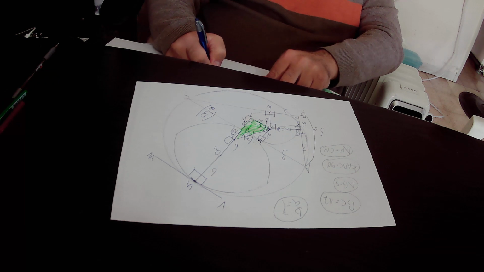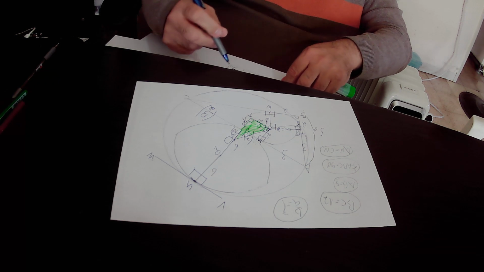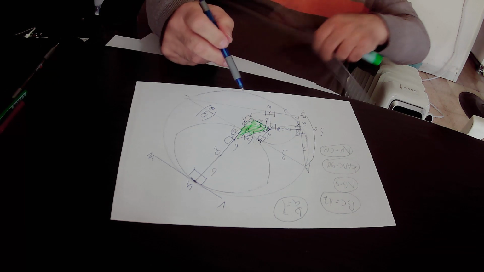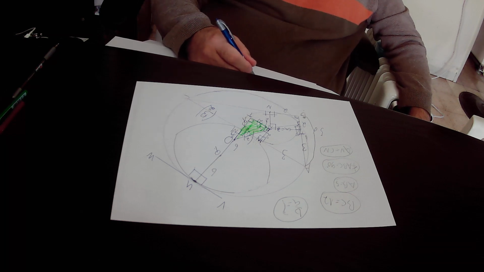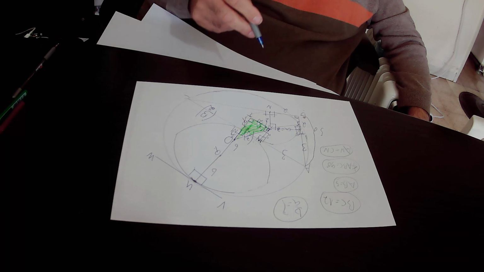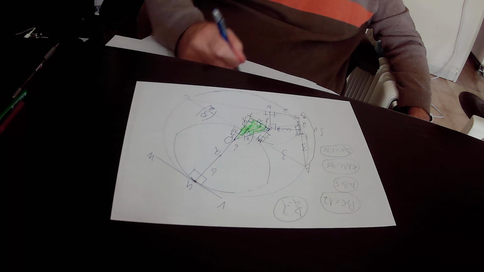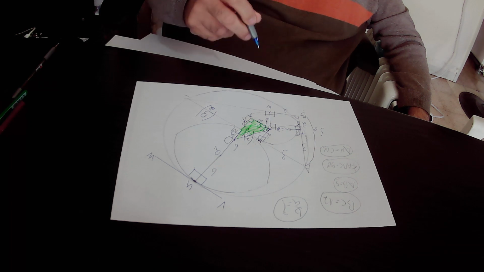In any right triangle, the square of the hypotenuse equals to the sum of the squares of the perpendiculars. The hypotenuse is PO, therefore the square of the hypotenuse is PO square. And it must be equal to PT square plus TO square.